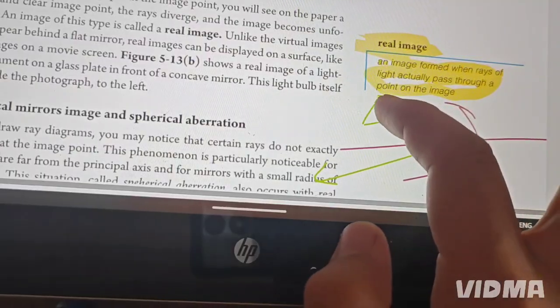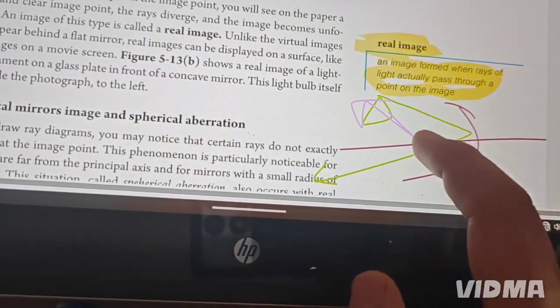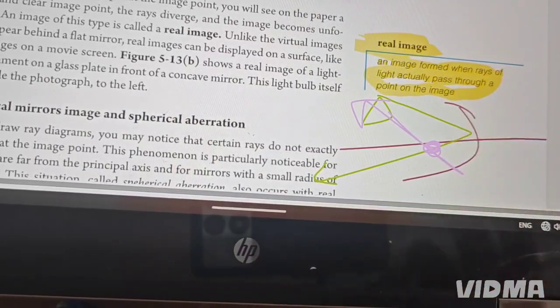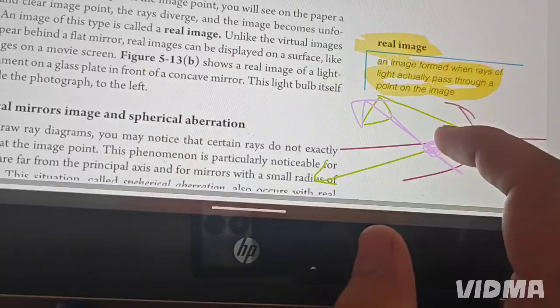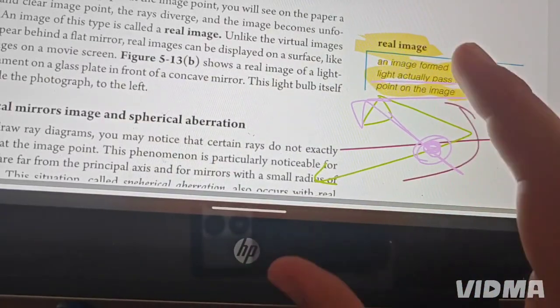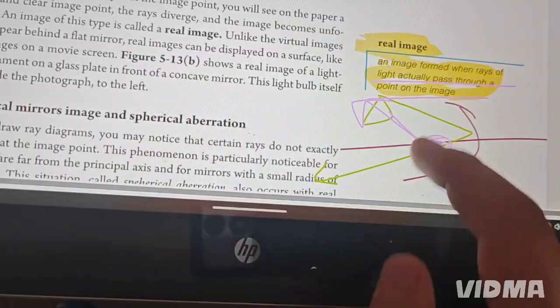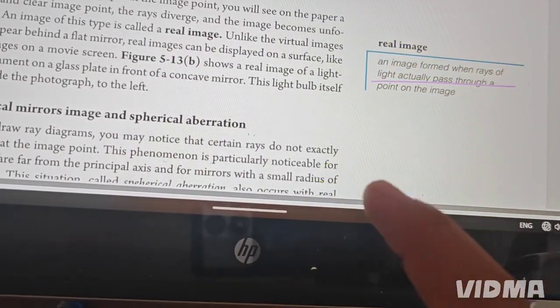It came out from this source and reflects back in that direction. We see that at this point, both of them are intersecting. So in here we have an image. This is the position of the image. Light passed through the point of the image. Both of the lights are passing or intersecting at this point. So in here we have an image. Good.